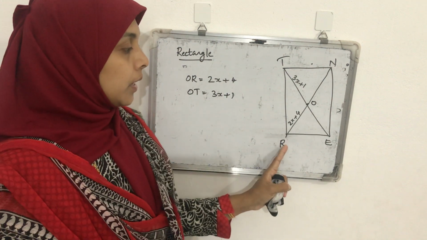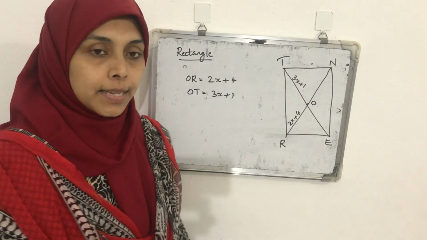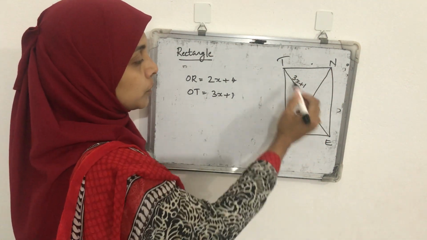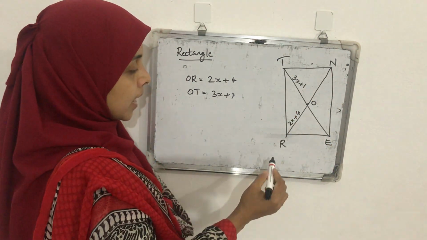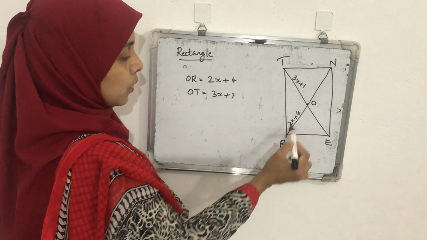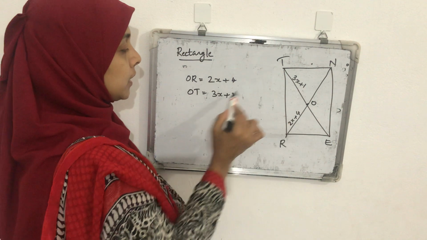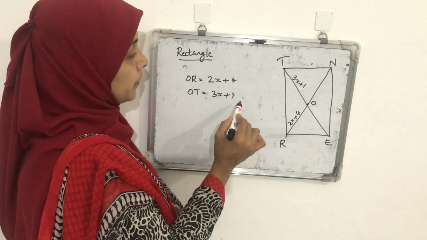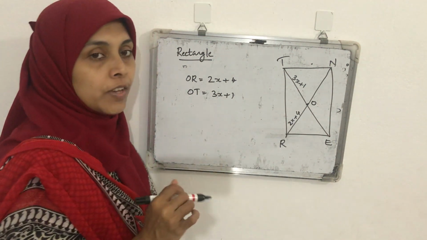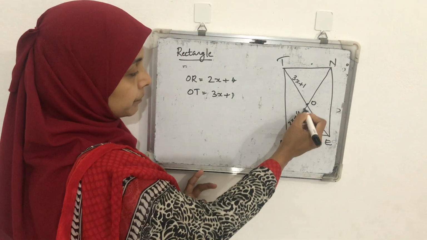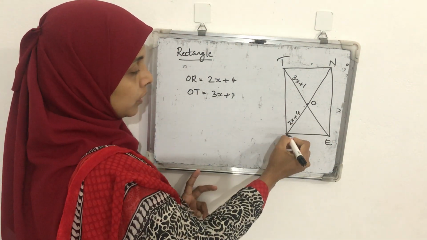So it is given that RENT is a rectangle and the two diagonals meet at the point O, and the length OR is 2x plus 4 and OT is equal to 3x plus 1. You want to find the value of x. How can we find it? Here this length is given as 2x plus 4.